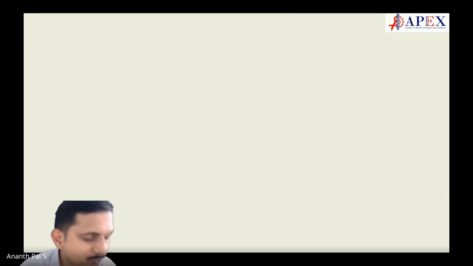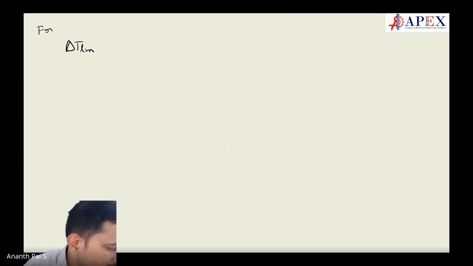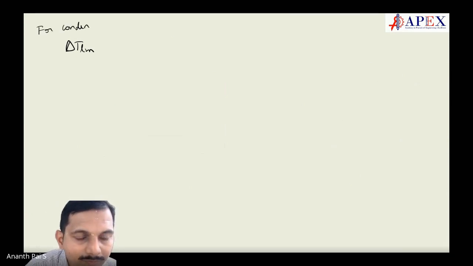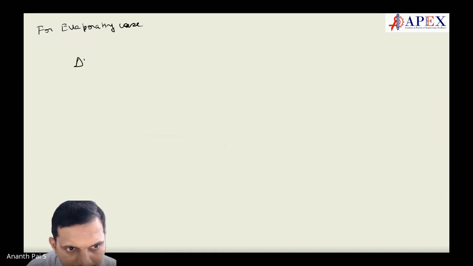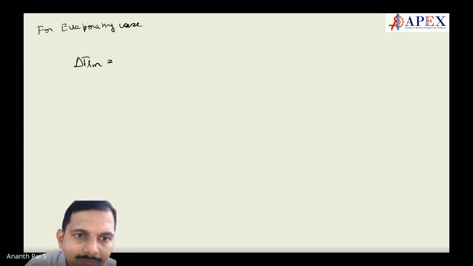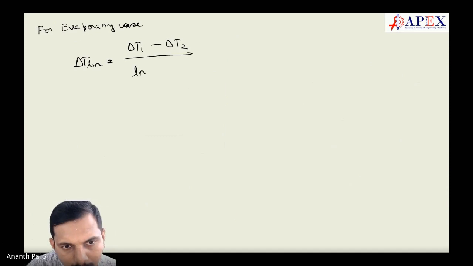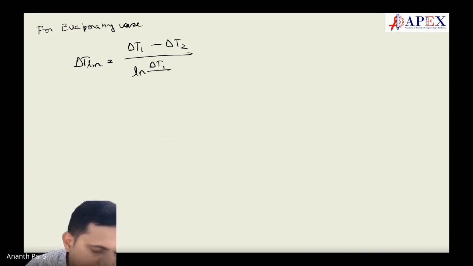Okay. See now, what is delta T log mean for a condensing fluid, or you can say, for an evaporating fluid, evaporating gas? For the evaporating case, what is delta T log mean? That would be delta T1 minus delta T2 divided by log of delta T1 divided by delta T2. Is it not? Correct. Now this can be equal to, delta T1 is what?